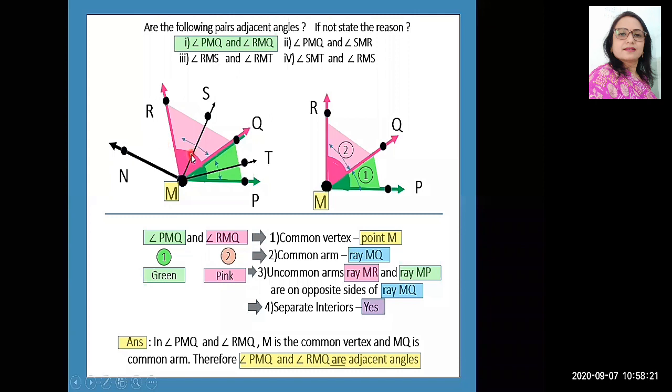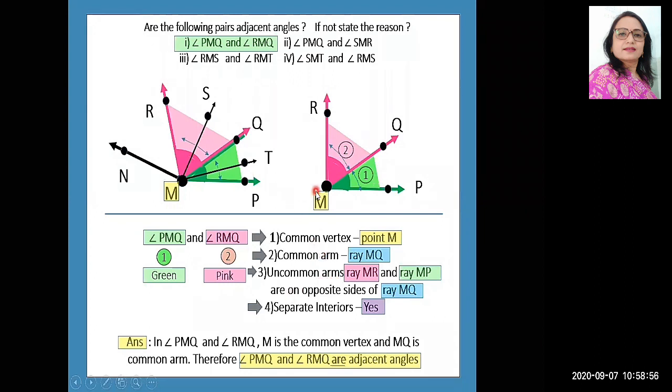It's in pink color. Students, always draw a rough diagram so that you can easily understand if these angles are adjacent or not. I have done it here. See this rough diagram. So the conditions: common vertex, yes, they have a common vertex, point M. Common arm, ray MQ is the common arm of these two angles.